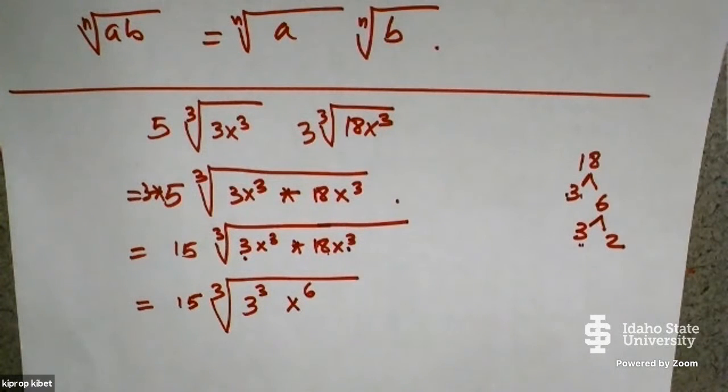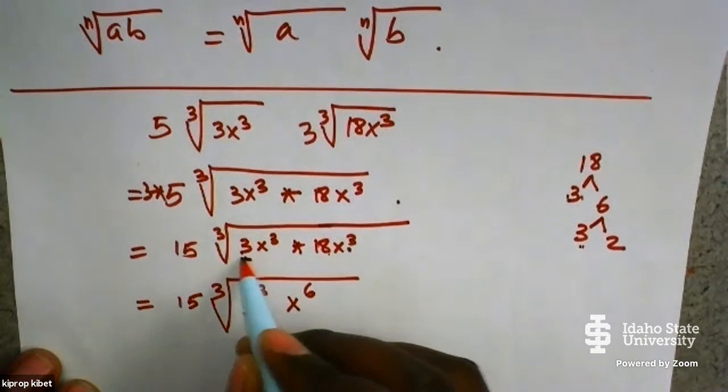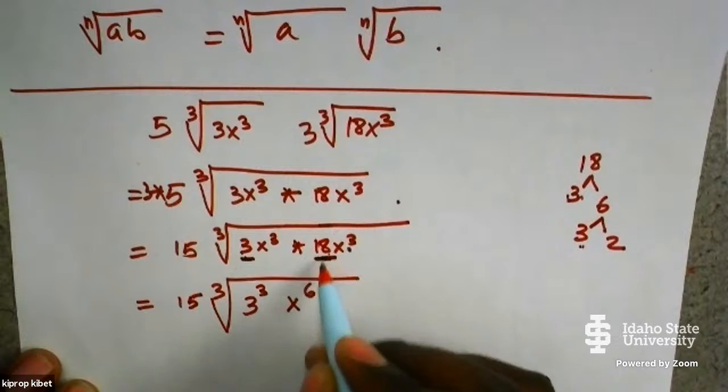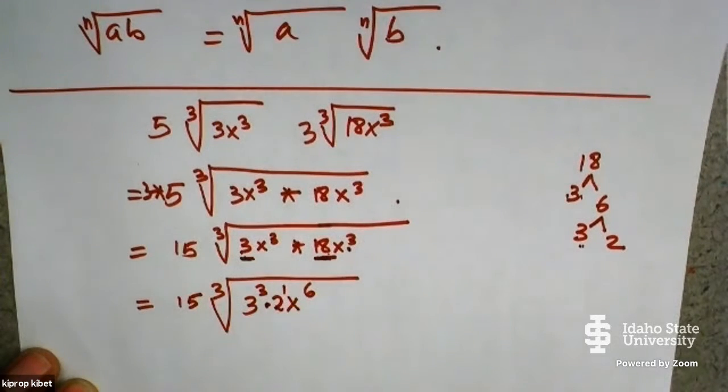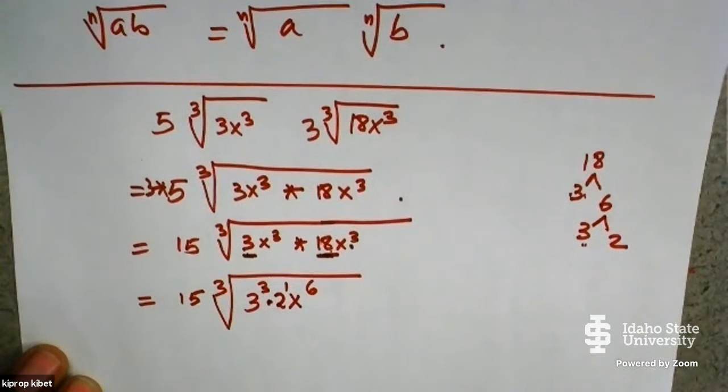So we start by looking for the factors of 18. We have 3, 3, and the 3 which was remaining here, and then we still have the 2. So this is like 3 raised to 3, with the 3 here and the 3's which are here, which are 2, and then 2 raised to 1, for the 18 here.